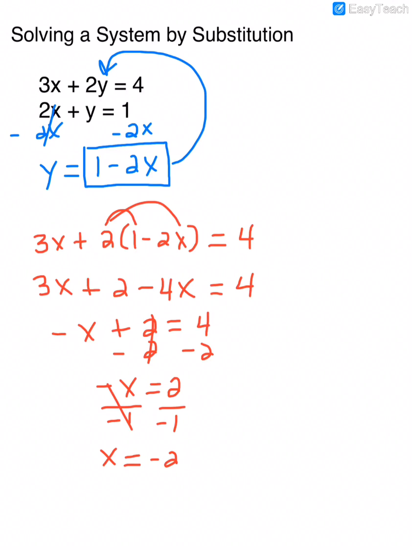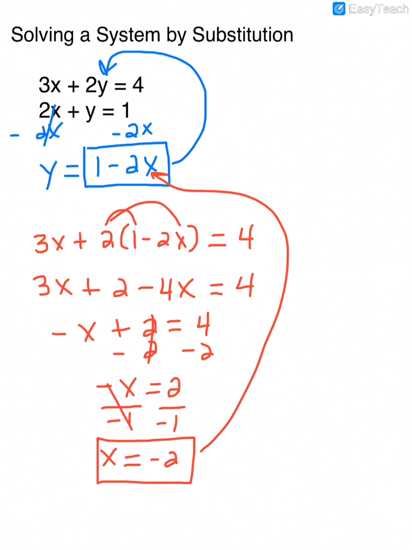Now I want to find what y is. So I can take this coordinate and plug it into either one of the equations that we started with. Well, I want to plug it into the second equation, and I'm going to plug it in right here since we already have y by itself, and y is what we're looking for. Okay, so if I take negative 2 and I plug it into that equation where the x is, that gives me y equals 1 minus 2 times negative 2.